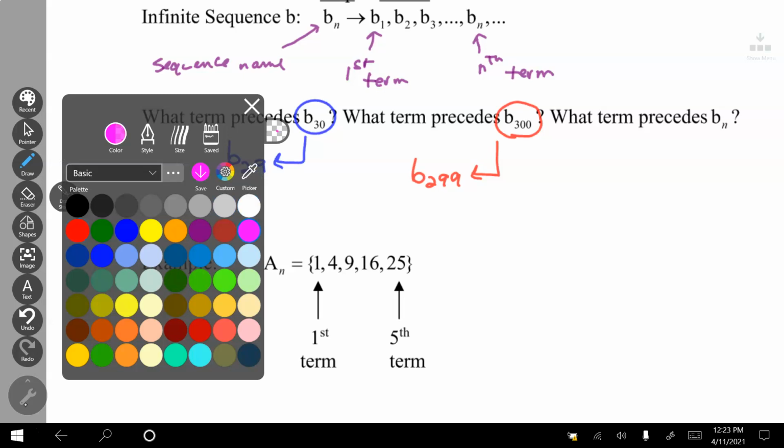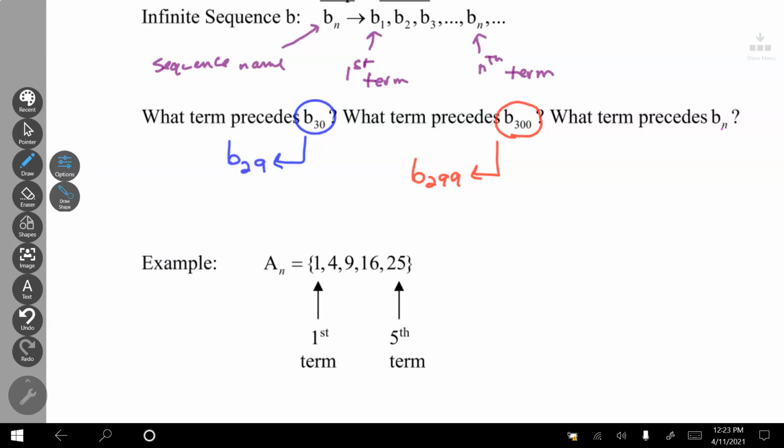And then finally, well, now we're going to get a little abstract. b sub n. What comes right before b sub n? Well, what did we do every single time? We subtracted 1. So right before this is b subscript n minus 1. And this stands for the previous term. b sub n minus 1 is right before b sub n.